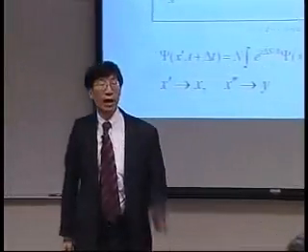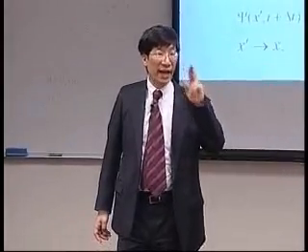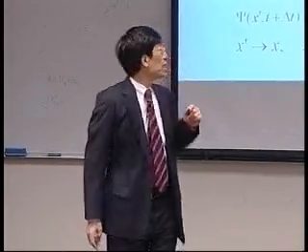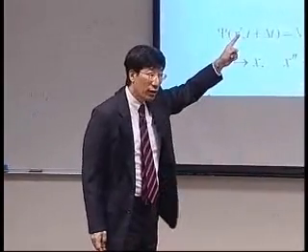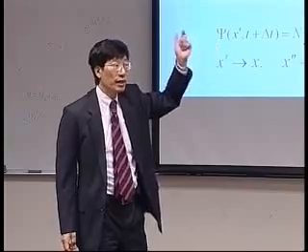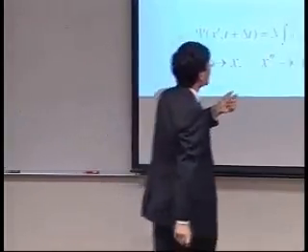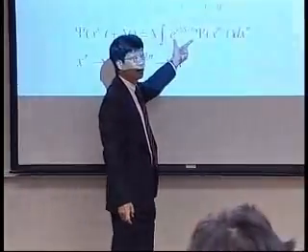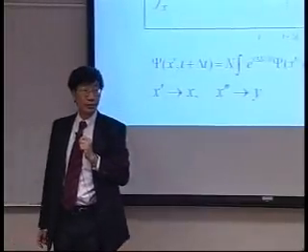Here I am using the fact that the action is additive. I start off with e to the i S, where S is for the whole path, but I can write the total S as the sum of the delta S for each segment, and I isolate the last segment and put it here. All the previous segments are contained in the first messy integral.